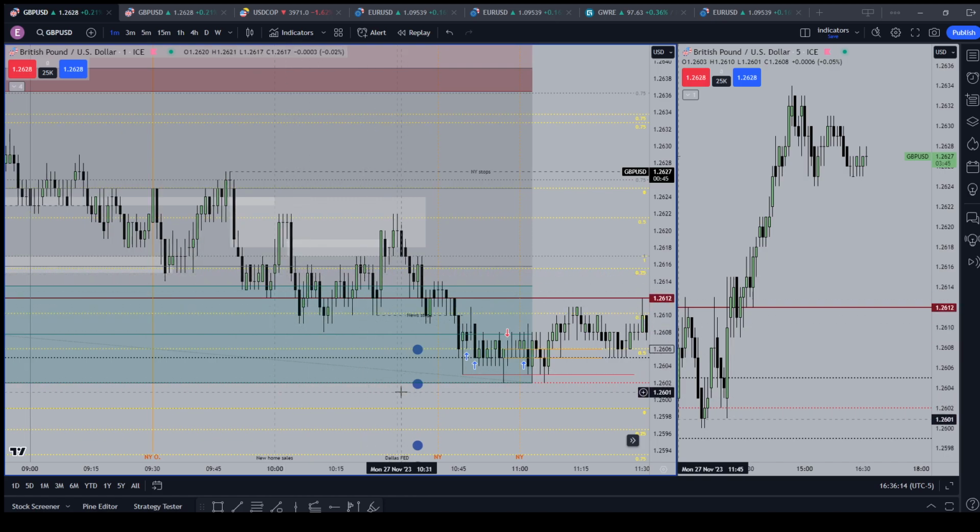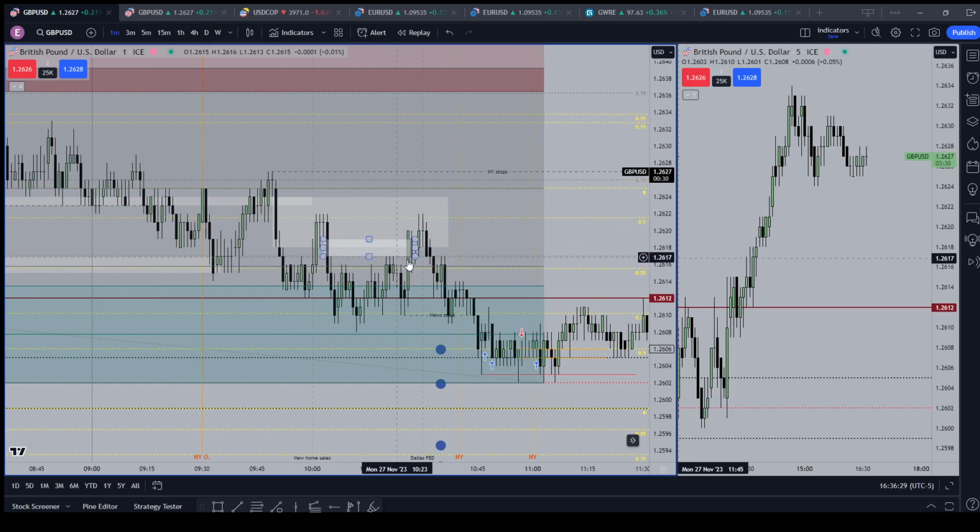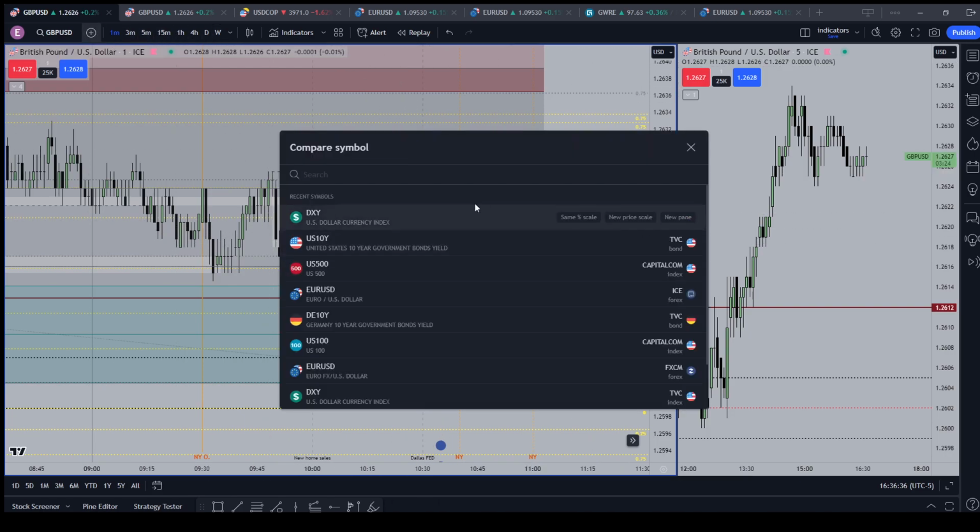Anyways, we wait until 10:30 in order to see which sentiment is being printed on the market. So at the moment of the news release, a bullish sentiment on the DXY. I will just show you.